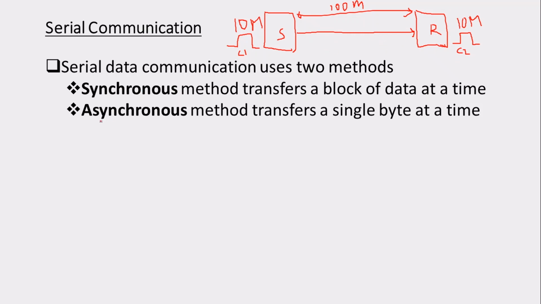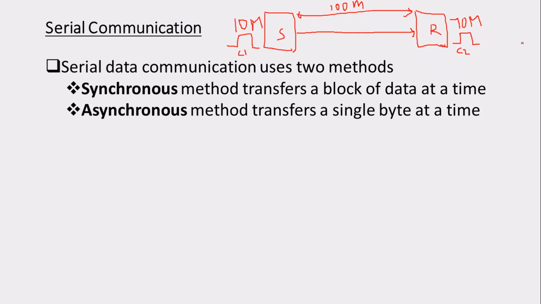But when you are taking asynchronous, as the name suggests, the clocks of the sender end and the receiver end might be the same or might not be. Let me take that a sender is using a 10 megahertz clock, whereas the receiver is using, let me take this as, 70 megahertz.